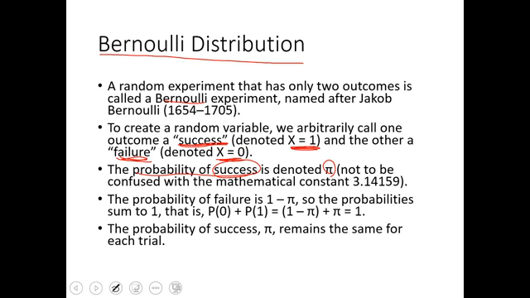It is different from the pi of 3.14, so it is not this value. Pi is just one notation. If the probability of success is pi, then the probability of failure is 1 minus pi, because the probability of success plus the probability of failure should be 1. Okay.